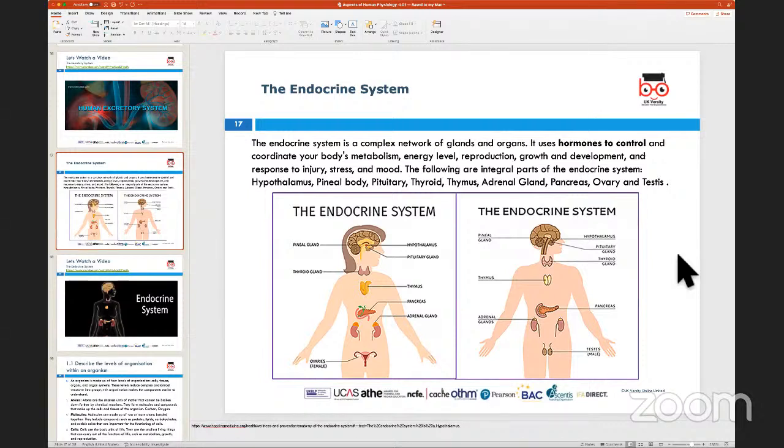It is very important because it controls hormones in the human body, depending on whether you're male or female. It controls the release of hormones to maintain body metabolism, the pH balance, the salt-water balance and energy levels, and also helps with reproductive function, specifically in children. Human body growth and development is all associated with the endocrine system.